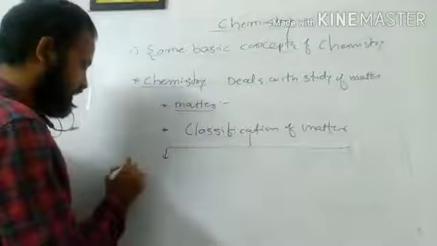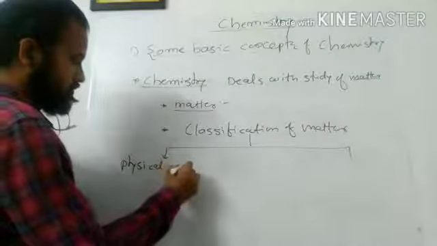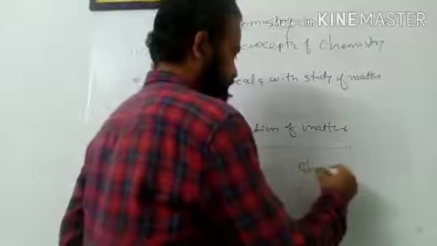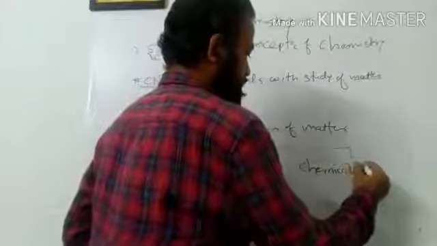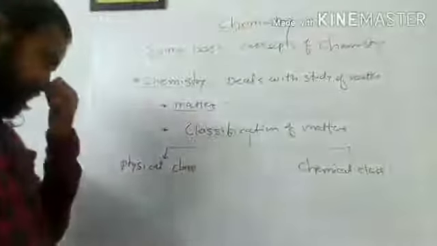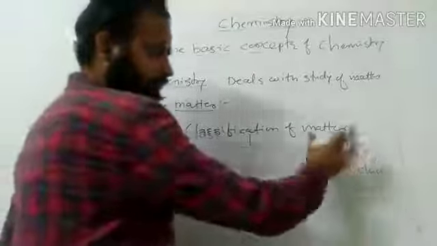The first one is physical classification and the second one is chemical classification. Matter is divided into these two types, physical and chemical classification.